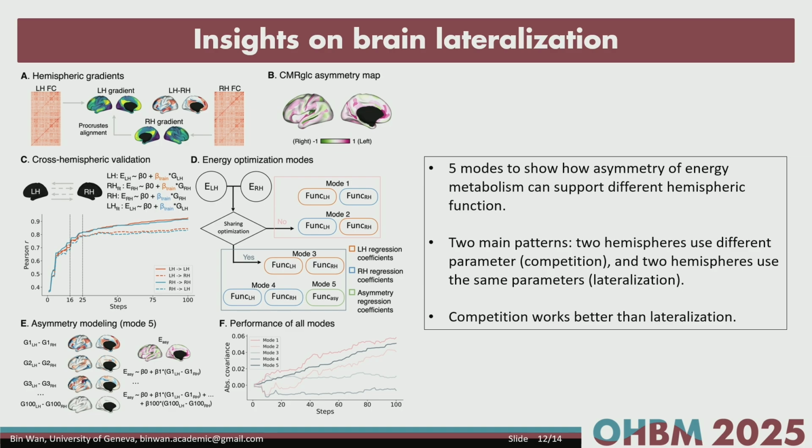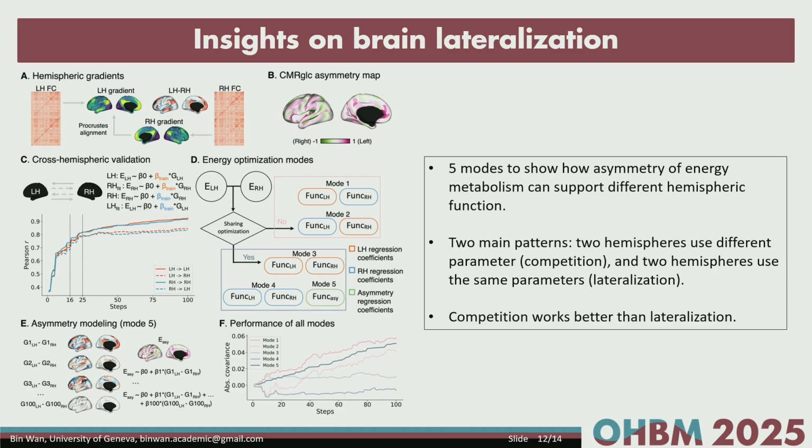First we fit the FDG PET and functional gradients in different hemispheres, as panel C shows here. And the modes we propose here: mode 1 uses the functional gradients regression coefficients left for left and right for right. Mode 2 exchanges left and right, so the left hemisphere and the right hemisphere don't share the regression coefficients of the energy.